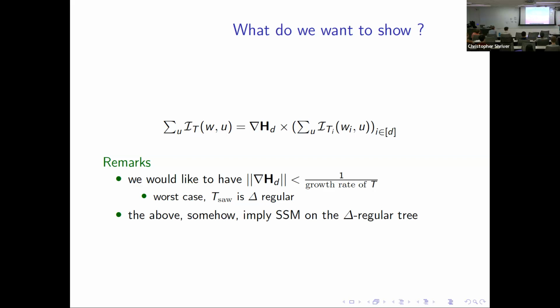So this is how we get, again, strong spatial mixing to get rapid mixing, a spectral dependence and rapid mixing. Okay, are there any questions here? I rushed a bit here.